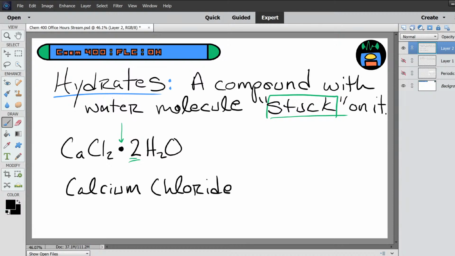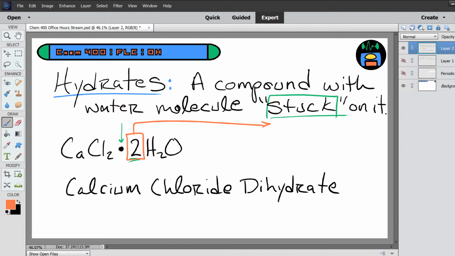And then if you're dealing with a hydrate, you add hydrate onto the end of the name, and depending upon how many water molecules are attached, you use mono, di, tri, tetra, etc. So this would be calcium chloride dihydrate. If there were only one, it would be monohydrate. If there were three, it would be trihydrate. If there were six, there'd be hexahydrate, etc.